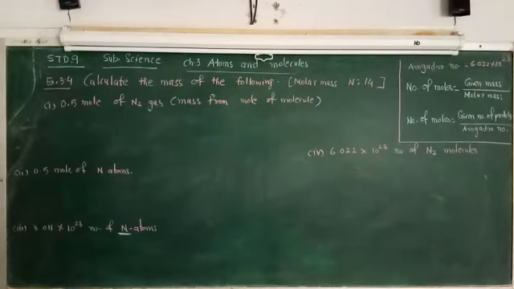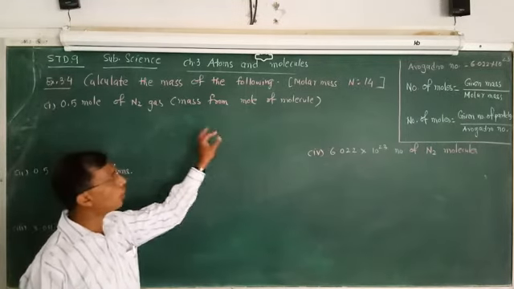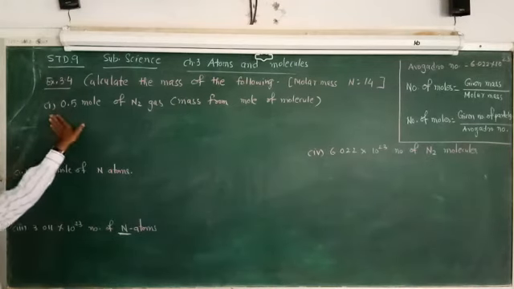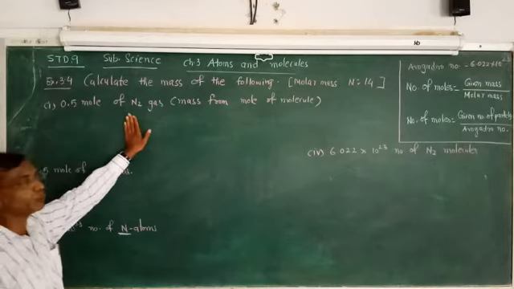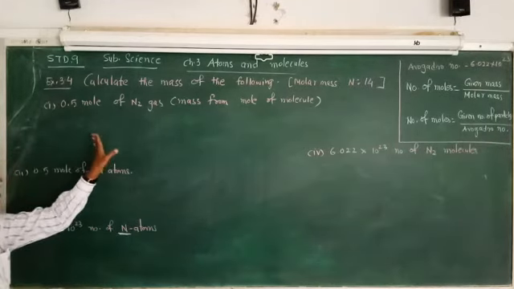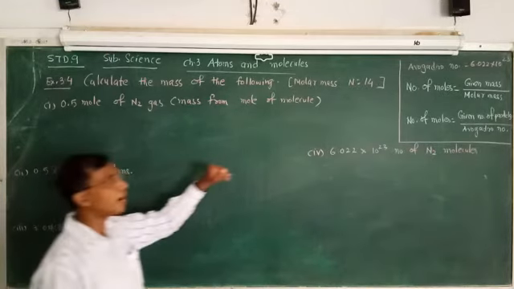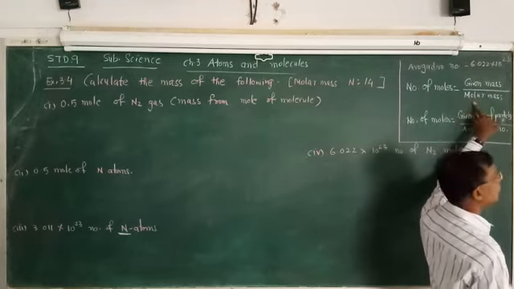Now the next example, 3.4: calculate the mass of the following. The molar mass of nitrogen is given as 14. The first question is 0.5 mole of nitrogen gas, that is 1/2 mole of nitrogen gas. As you know, the number of moles equals given mass upon molar mass.